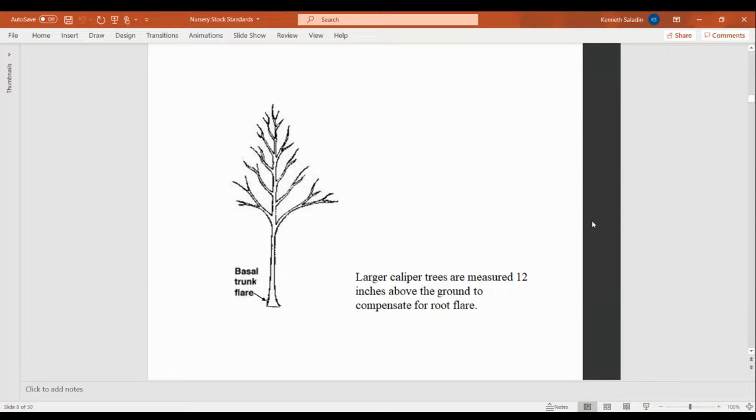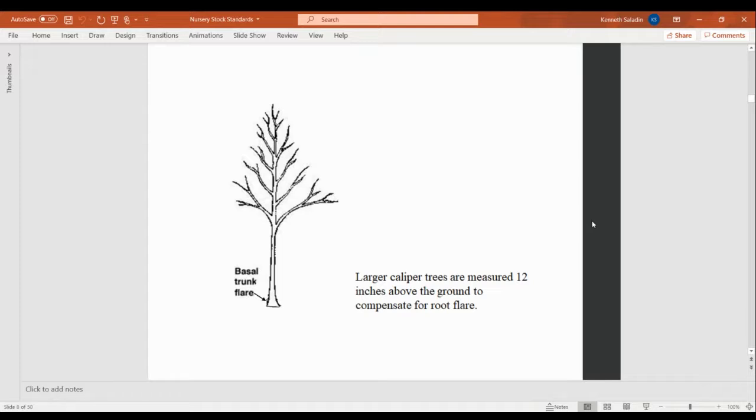But let me tell you this, in my experience in the nursery business, for a nursery to grow a tree to the 4-inch caliper or diameter size class is going to take many years. It may take 5, 6, 7, 8 years for the tree to get that large. And in my experience, most nurseries are not going to hang on to the tree for that long.